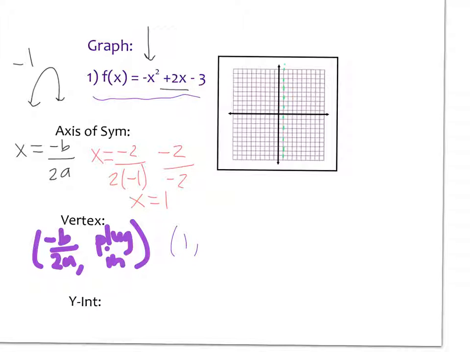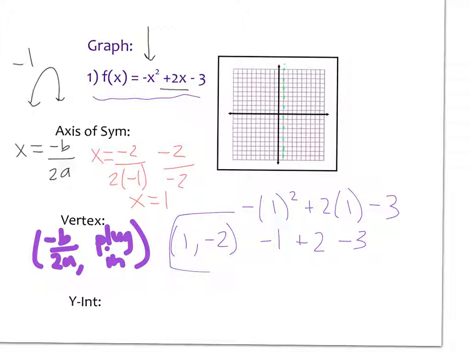So here I have negative 1 squared plus 2 times 1 minus 3. So 1 squared is 1, but with a negative is negative 1, plus 2 minus 3, which is negative 2. So my vertex here is (1, negative 2), and again, I'll circle my axis of symmetry. And I'm going to go ahead and plot my vertex on my graph right now.